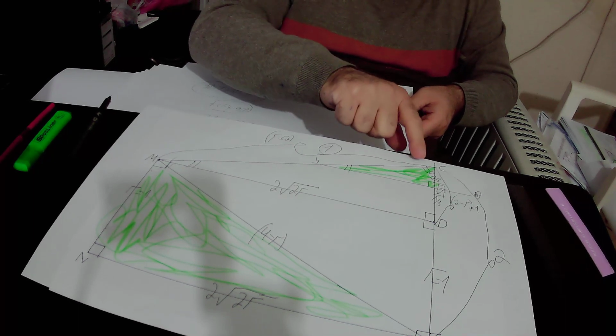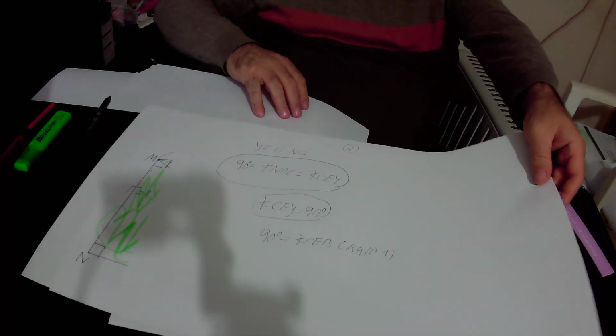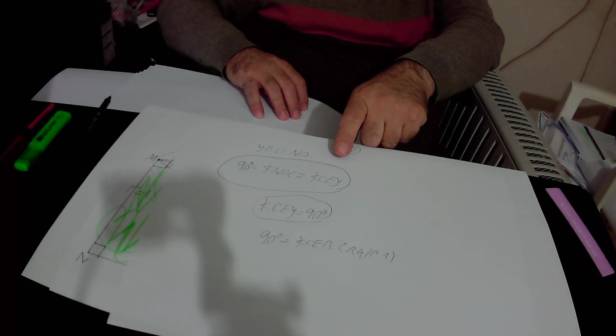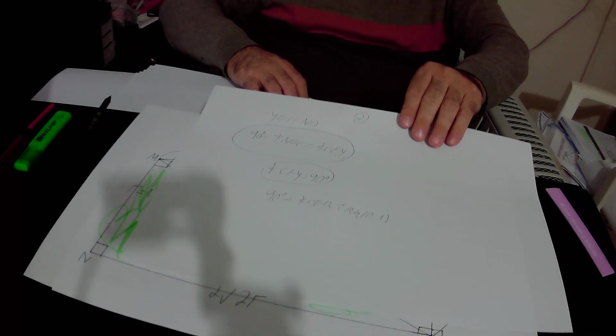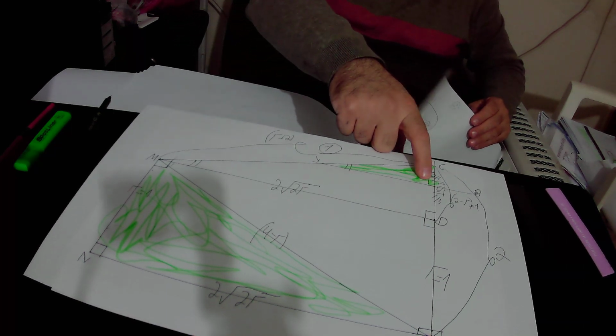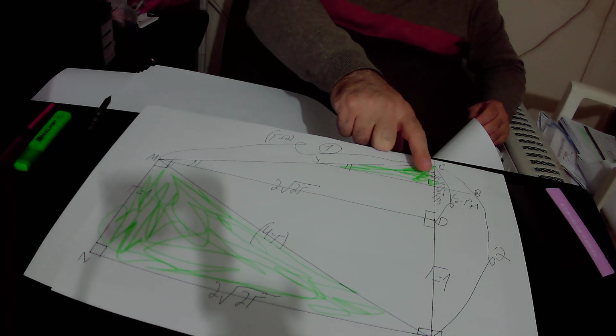So we get that angle CEY equals 90 degrees. According to rule number 1, this angle is a right angle. It equals 90 degrees. Okay?